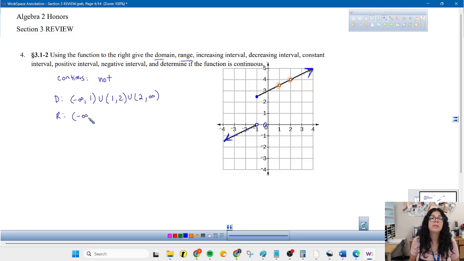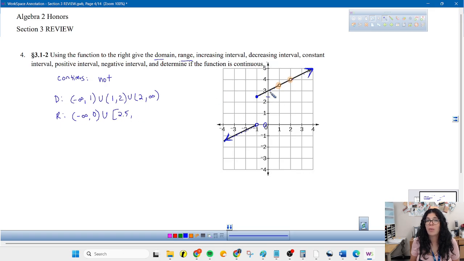So I will have points that have y values from negative infinity all the way up to 0, but not including 0. And then I don't have any points between the y value of 0 and the y value of 2.5. There's nothing there, okay? So there's no points with those y values. The next y value picks up at 2.5 and it is closed, so I will use a square bracket.